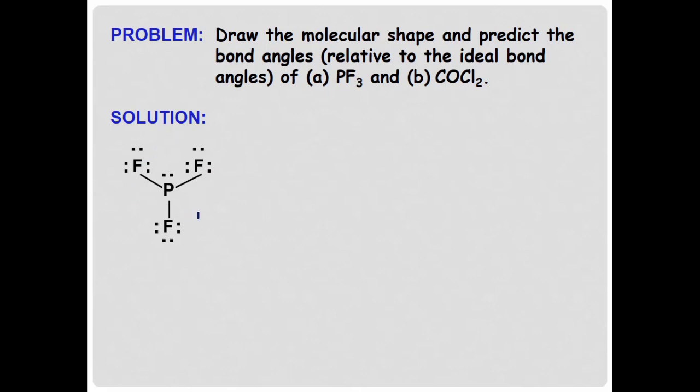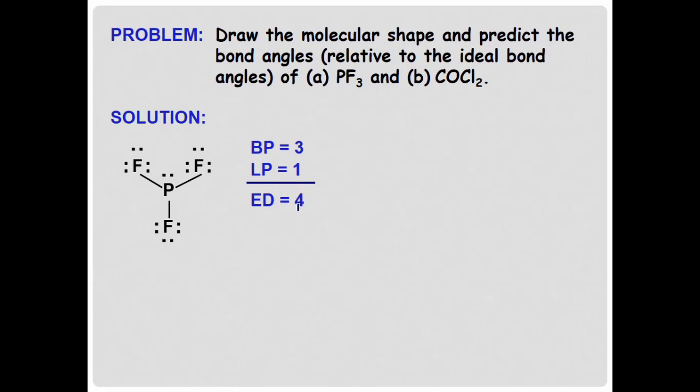Here is the Lewis structure of PF3. As you can see, the center is phosphorus, and we have 3 terminal fluorines, so 3 bonding pairs, BP is bonding pair, and 1 lone pair. In total it becomes 4, and 4 is the electron domain.